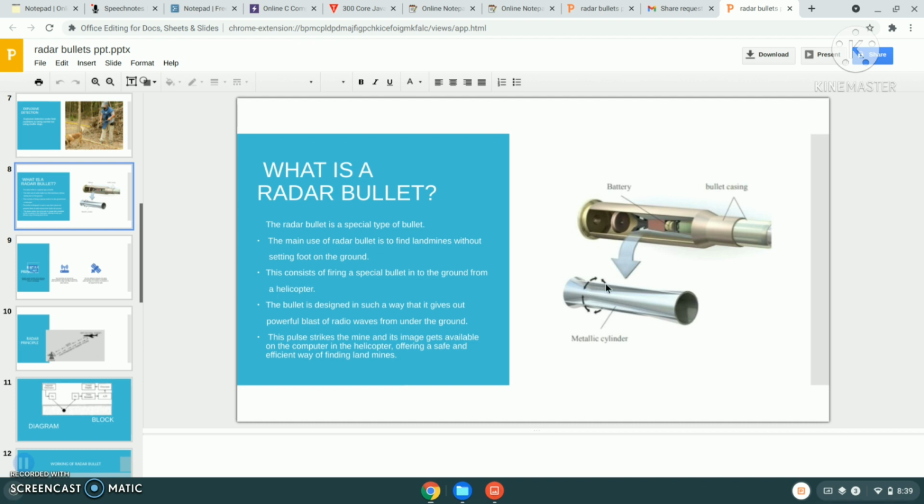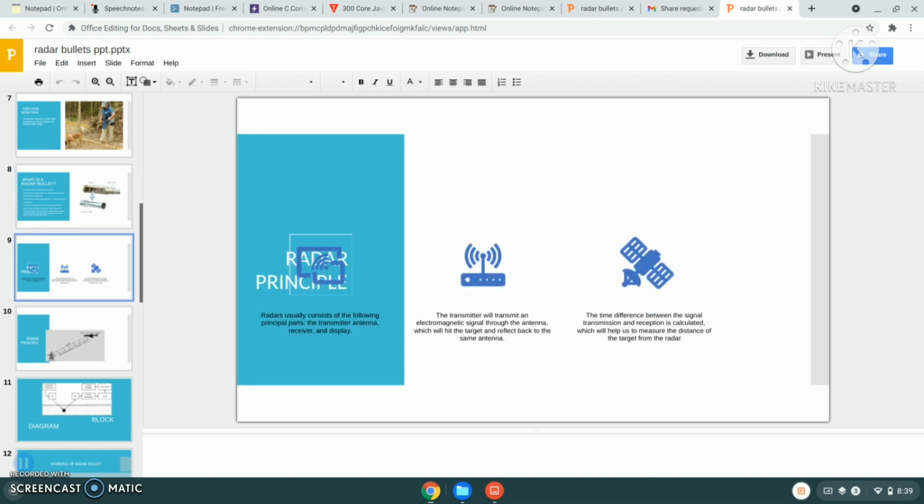It is designed in such a way that it gives a powerful blast of radio waves from under the ground. When the pulse strikes the mine, it gives images available on the computer in the helicopter, offering a safe and efficient way of finding landmines. So there is no need for any human or animal to detect the landmines. The bullet penetrates deep into the ground and gives the display of the landmines.